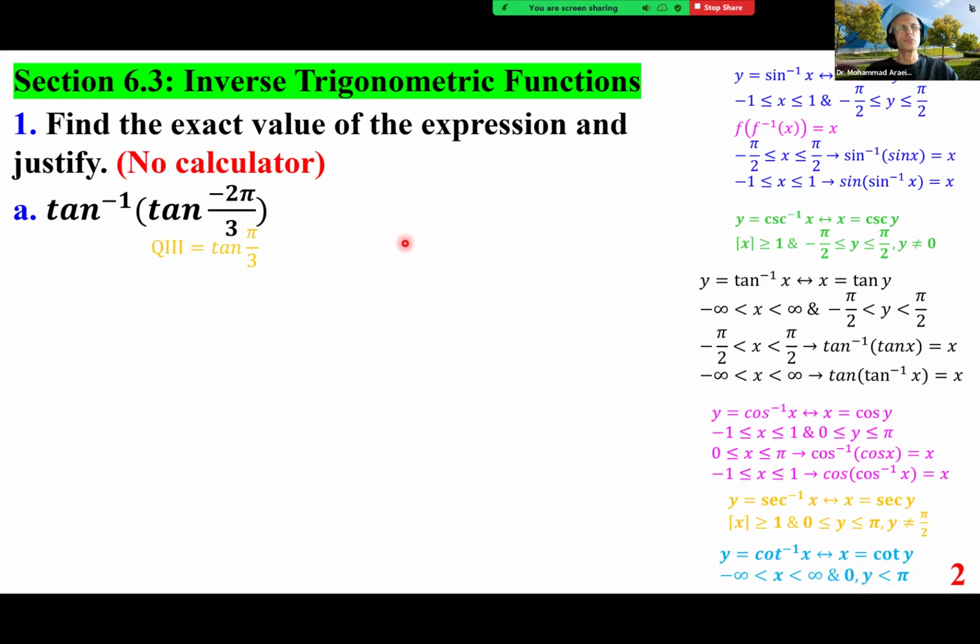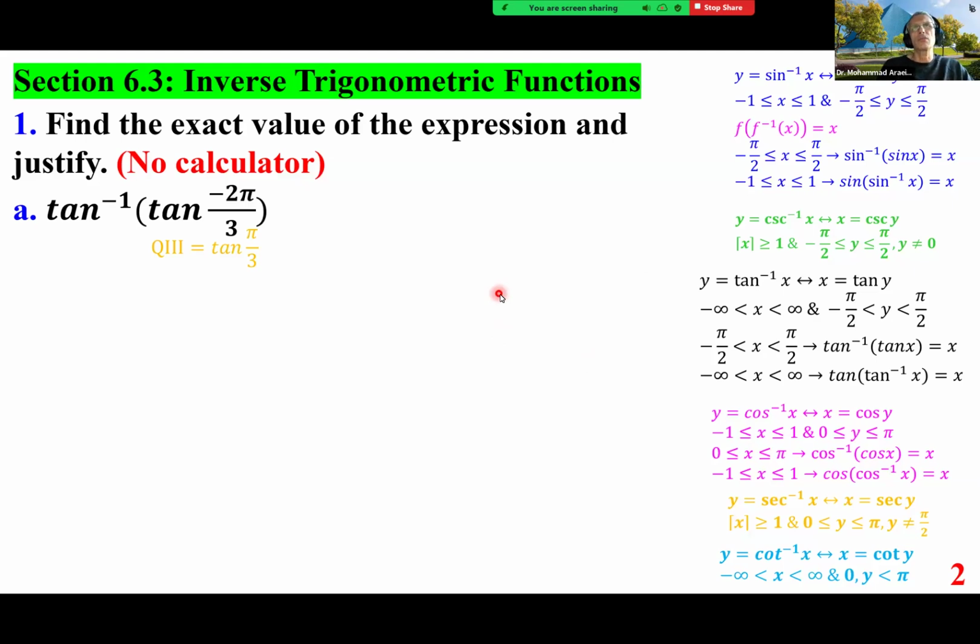And so when you look at tan of negative 2 pi over 3, it's in quadrant 3. When you have the circle, clockwise makes it negative.